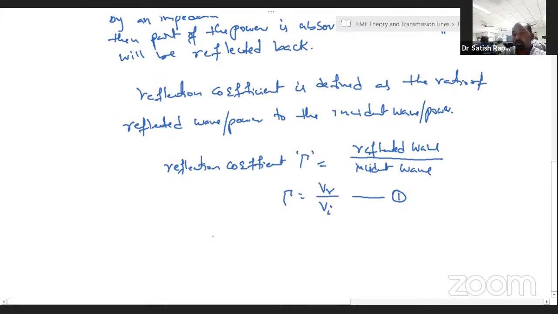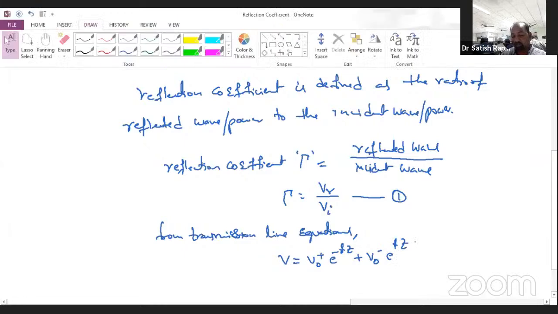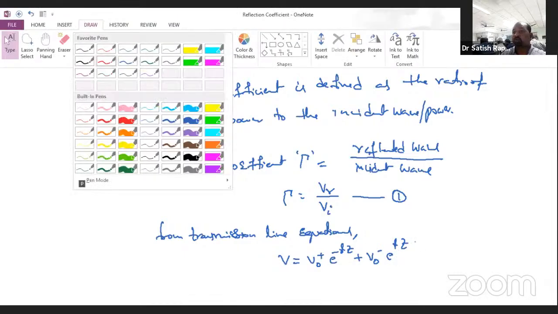And one more thing, from transmission line equations, we know that V is equal to V naught plus e power minus gamma z plus V naught minus e power gamma z, right? So this is the transmission line equation related to voltage.